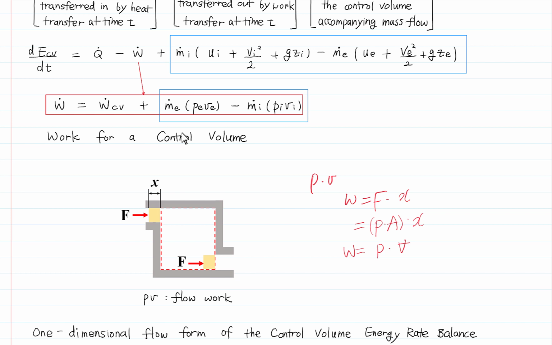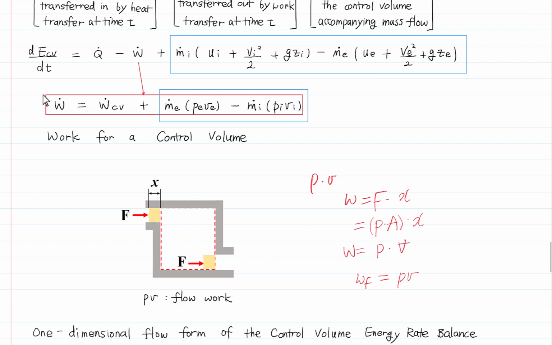So work is pressure times volume. Therefore, flow work can be expressed as the pressure times specific volume of the fluid. So these terms in blue boxes are the energy carried by mass.